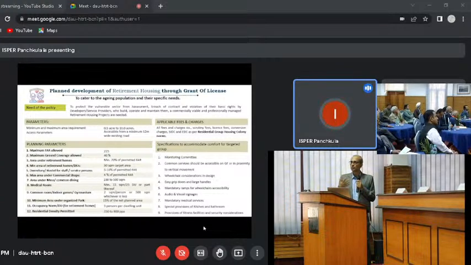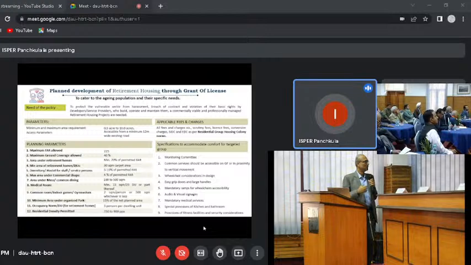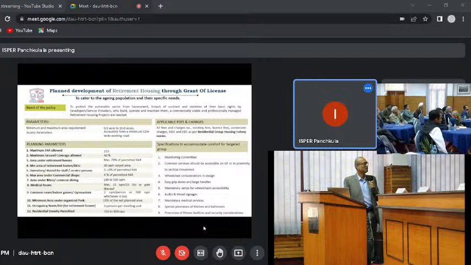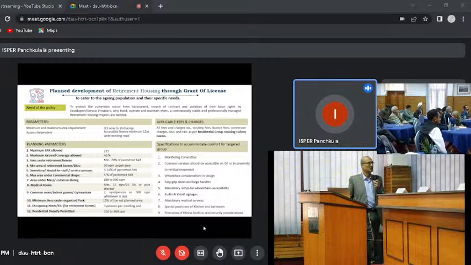But since the public sector agencies' involvement has reduced for all these segments, the private sector can pitch in. For that, there is a new policy for grant of license for retirement housing. This has been worked on for the last 1 year, and already 3 projects are in the pipeline.